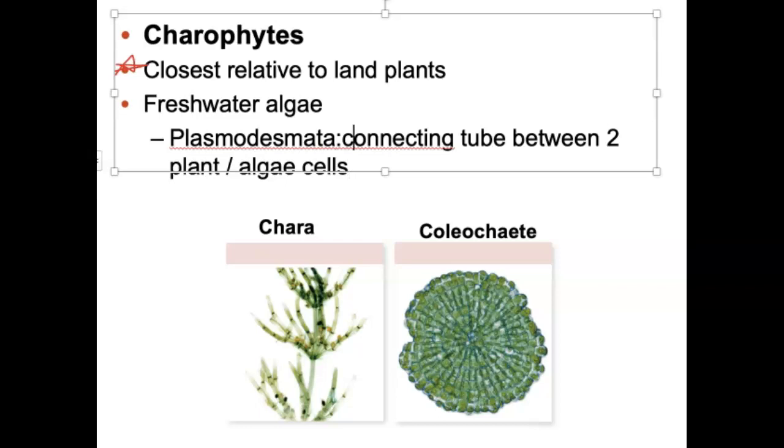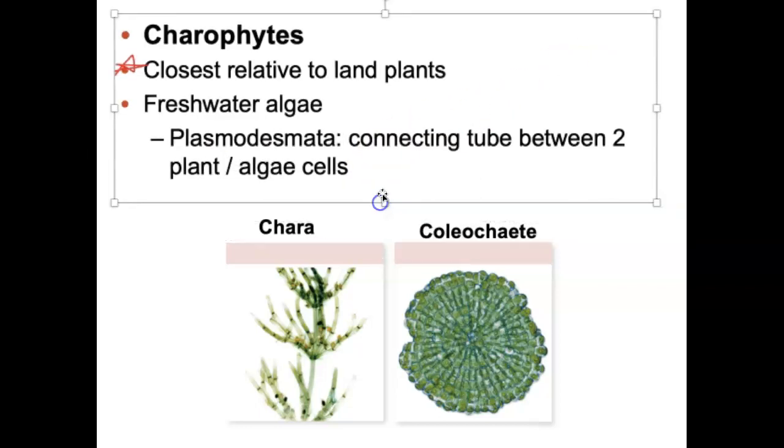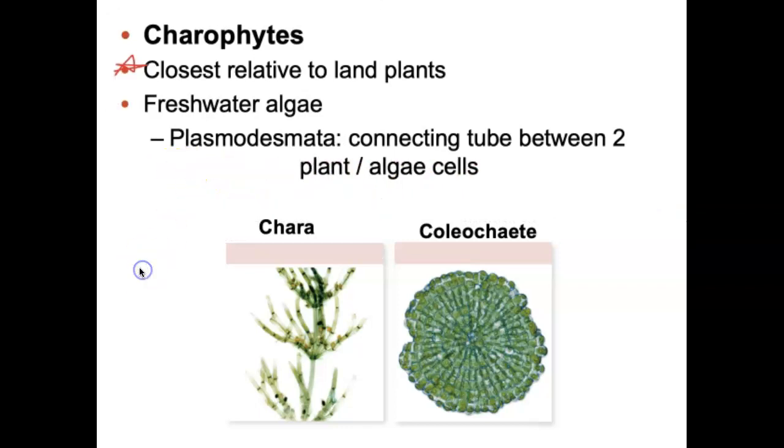The plasmodesmata is a connecting tube between two plant slash algae cells. So we see plasmodesmatas in plants. That's a unique plant feature, but we also see it in the cherophytes, that structural adaptation.